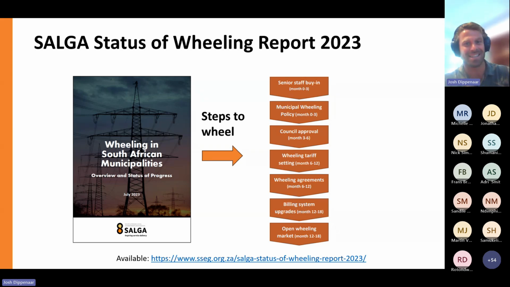We should be doing this, and there's smart people here that can do this, and we don't need to be saying, oh, we're struggling with our billing system. We can do this. And the idea of this training also is to get to grips with all these wheeling calculations. So we're going to get into the spreadsheets tomorrow, and we're going to figure this out so that we can sort these billing system problems out, because we need to.